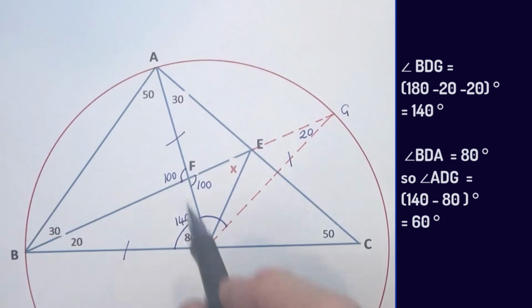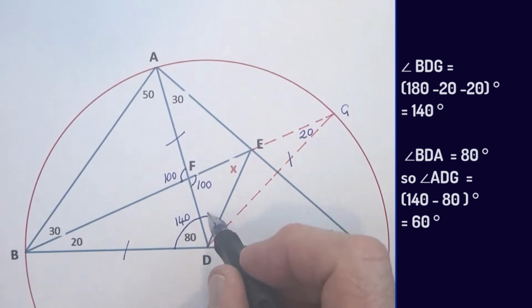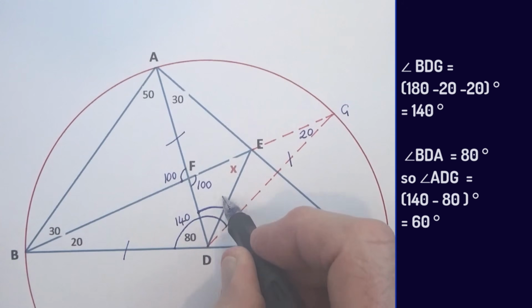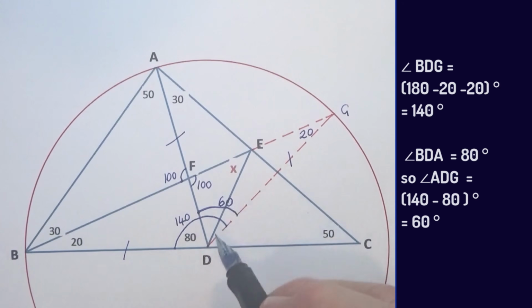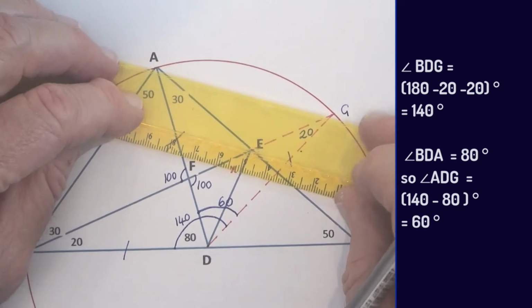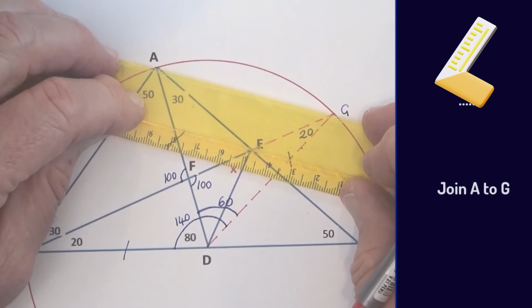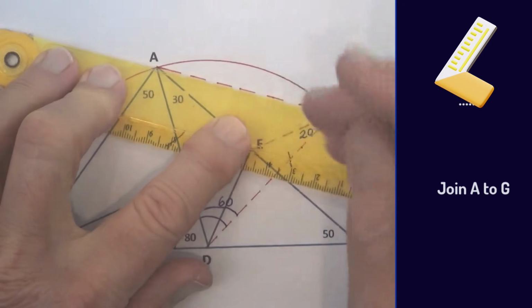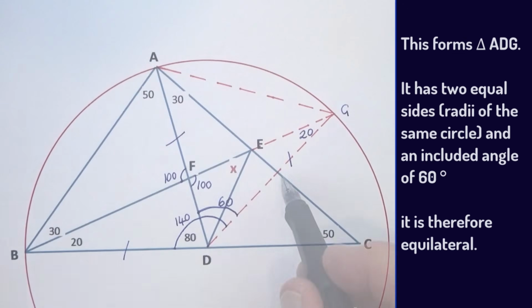If we remember that the angle ADB is 80 degrees, then the angle ADG will be 140 minus 80 degrees, which is 60 degrees. Next step, join G to A. I now have two equal sides and an included angle of 60 degrees.